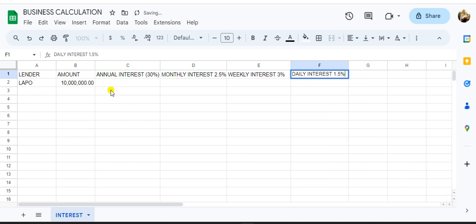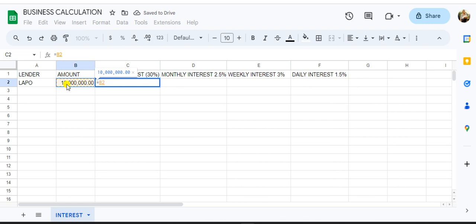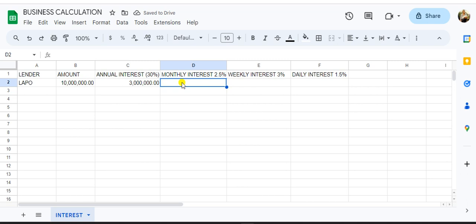So this annual interest will now be 10 million multiplied by 30% interest. When you are giving them 30% interest, that means you are going to give them 3 million naira annually from the 10 million they borrowed.